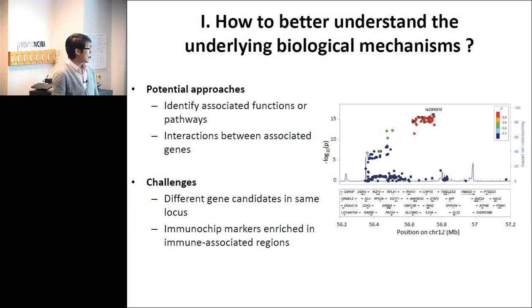For example, there could be different gene candidates in one disease-associated locus. The regional association plot here shows one psoriasis-associated locus. This is the association negative log10 p-value.